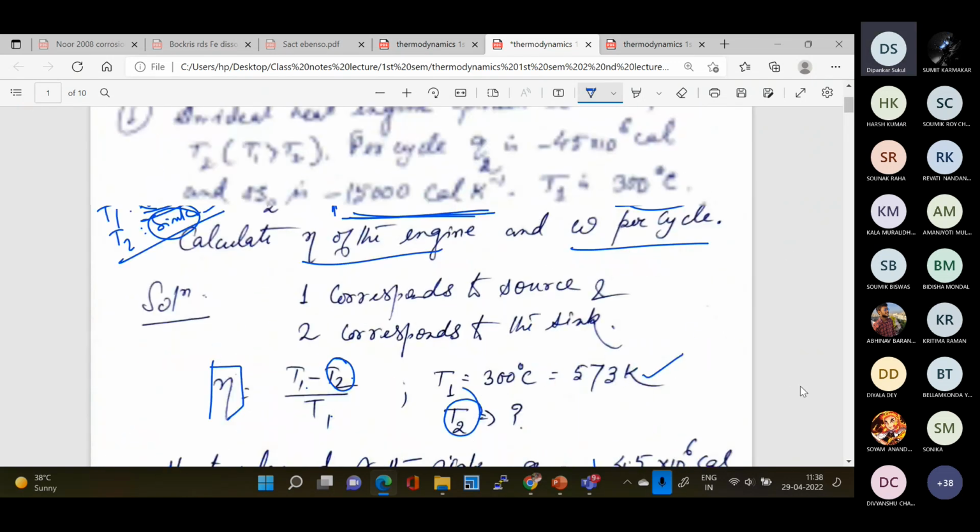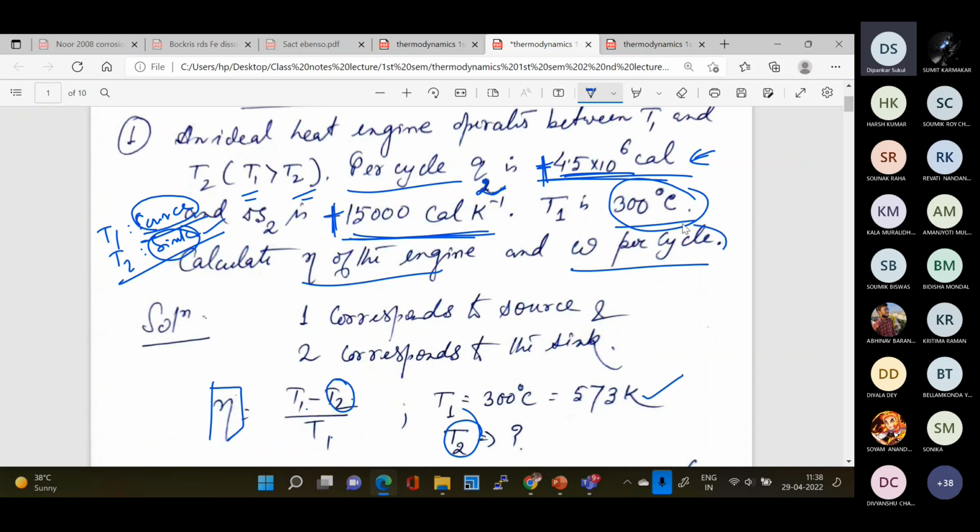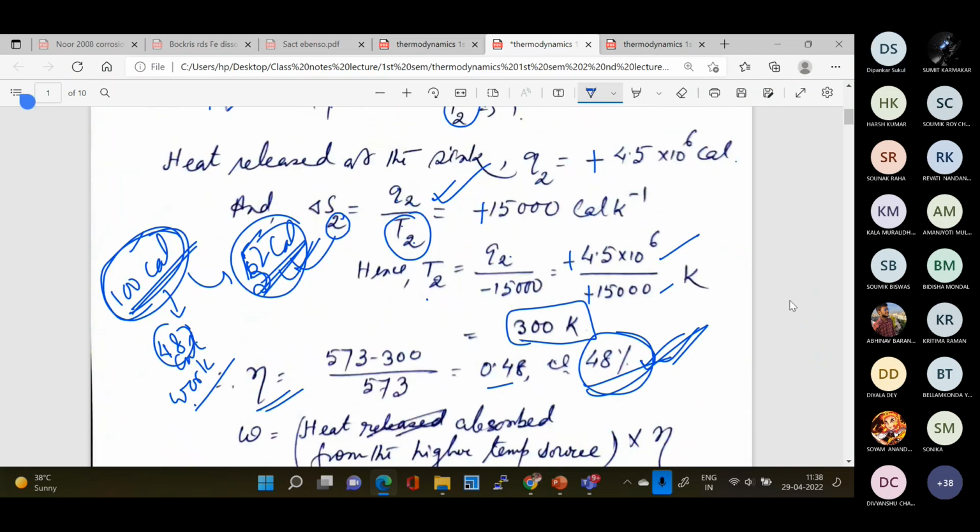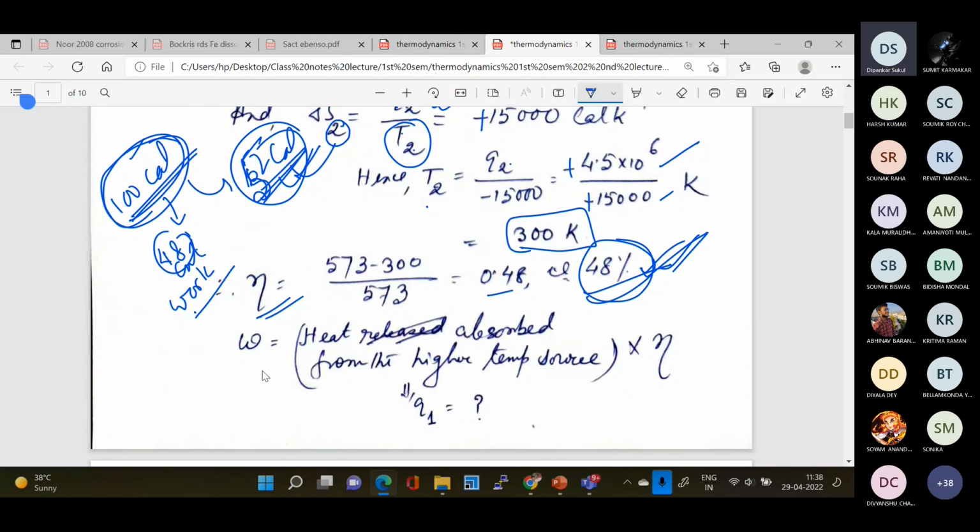Okay, now work done per cycle. In one cycle, what is the amount of work done? The amount of work done is the total heat absorbed from the higher temperature source times the efficiency. From the higher temperature source, what is the amount of heat the system is absorbing?